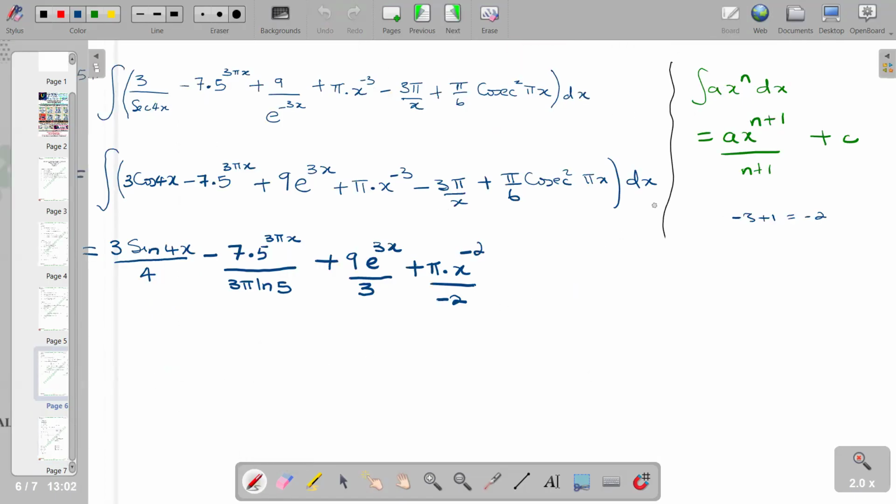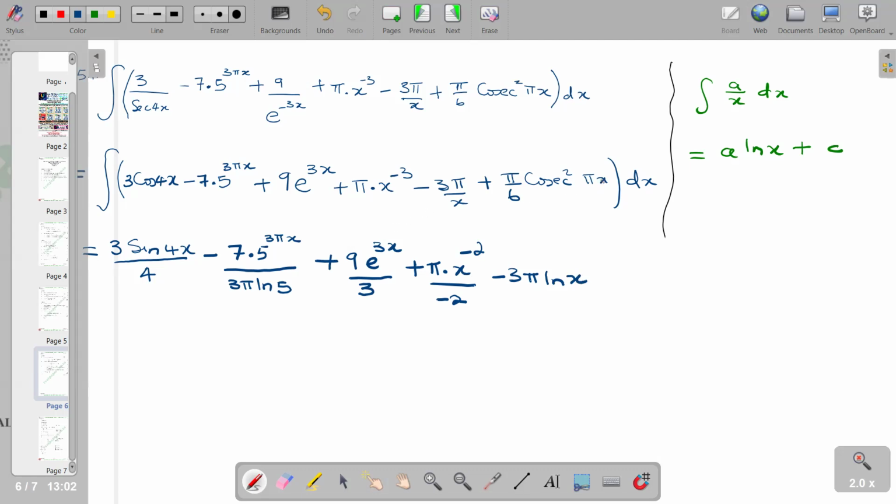The formula is saying the integral of a over x with respect to x will be equal to a ln x plus the arbitrary constant c. So if we apply that here, we are going to end up having minus 3 pi ln x.